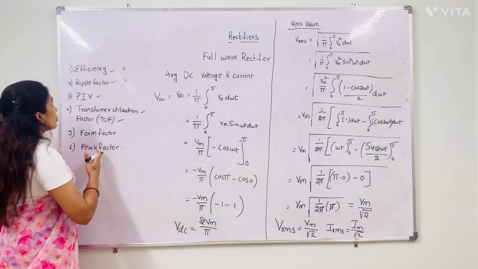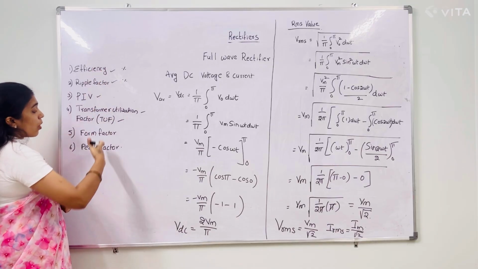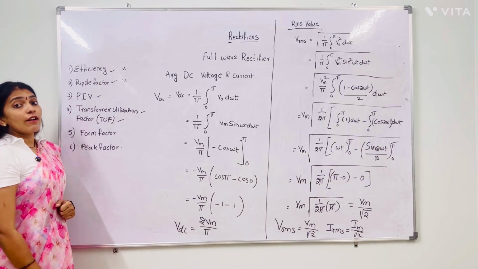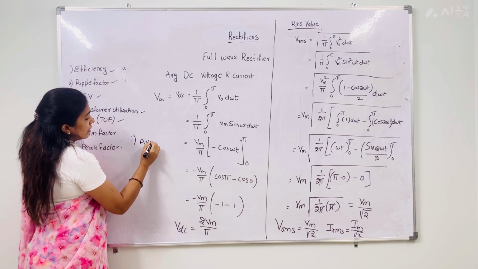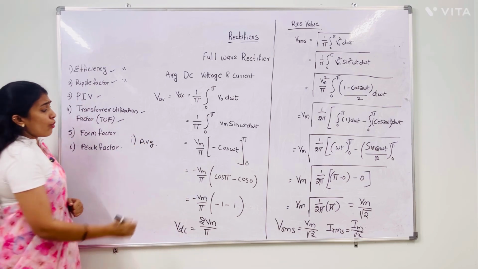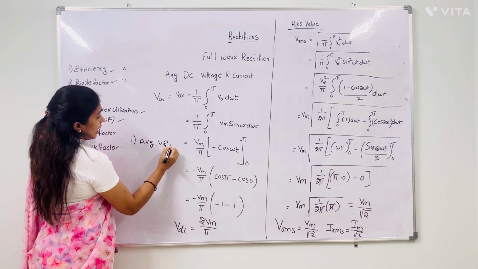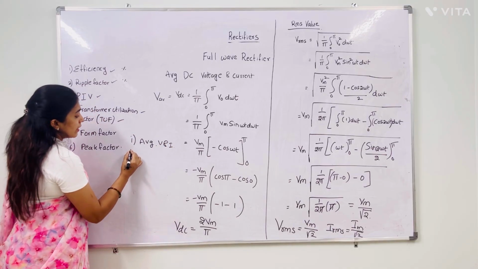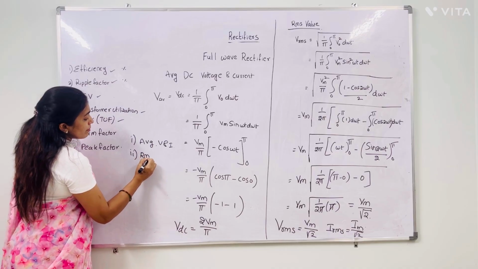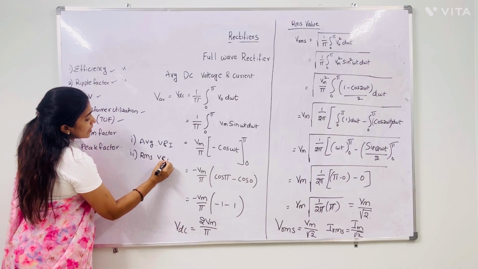So, before calculating all these 6 characteristics, first we need to calculate the average value of voltage and current. Next, the RMS value of voltage and current.